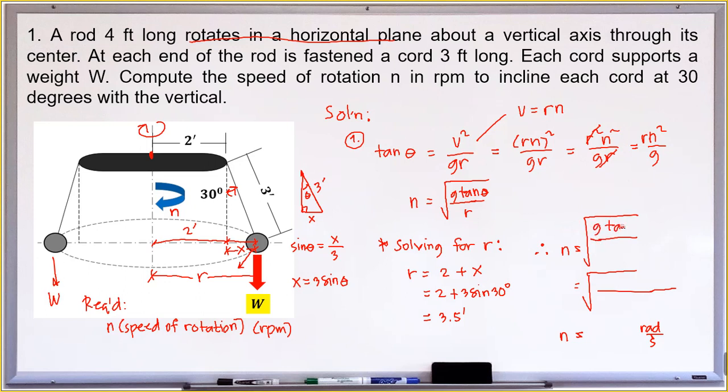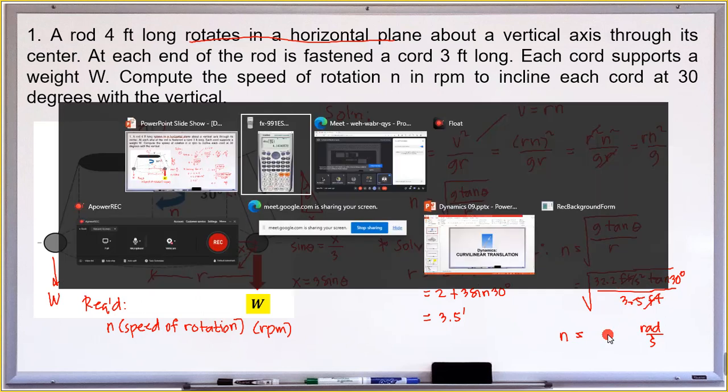Okay, so this is g tangent theta over r. This is 32.2 feet per second squared times tangent of 30 degrees divided by 3.5 feet, so that it becomes per second squared.